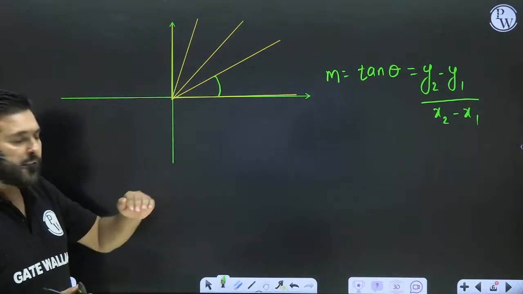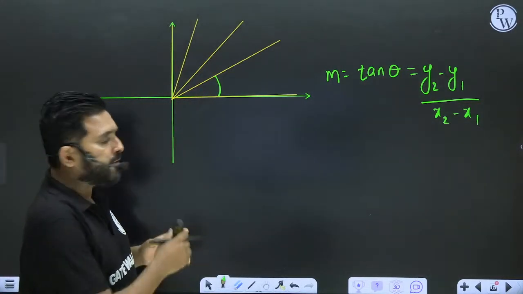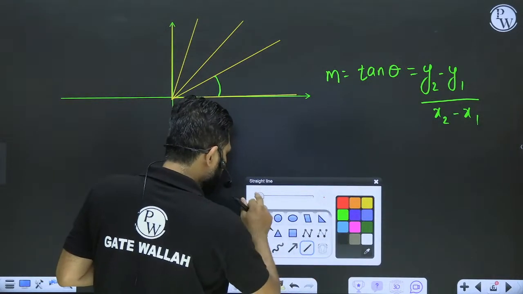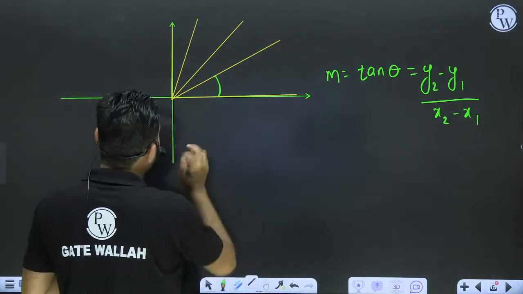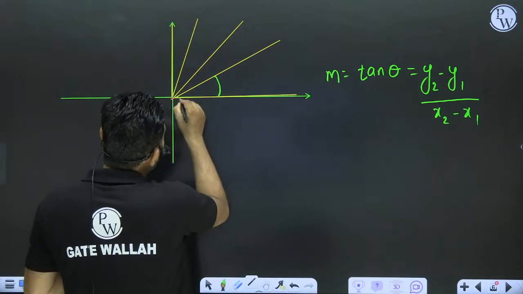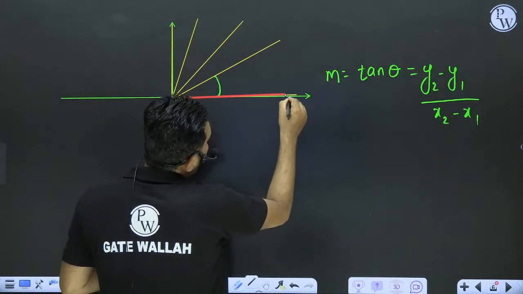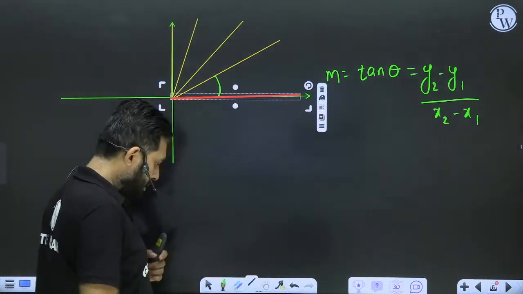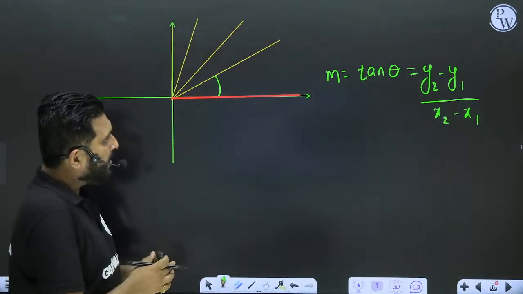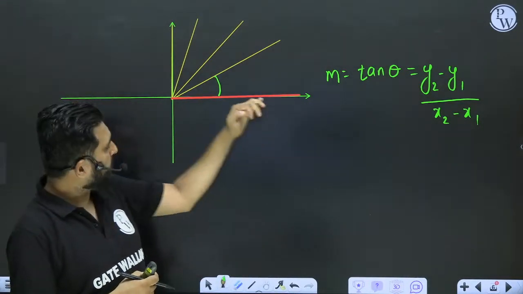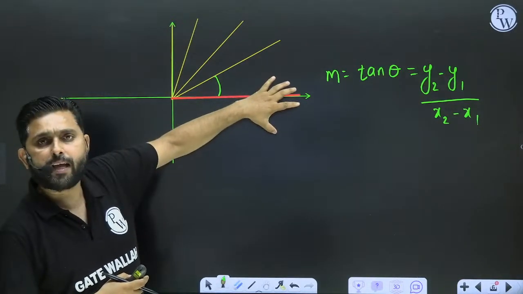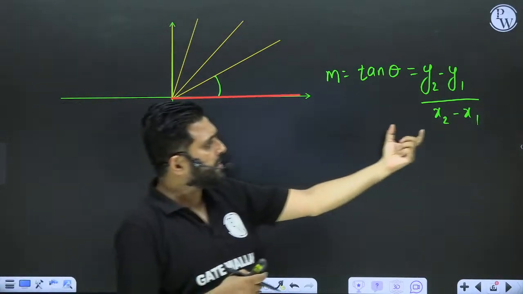So for example, if change in y is 0, let's consider this line. At this point, this line has y equal to 0. There is no change in y-axis, but change in x is there.